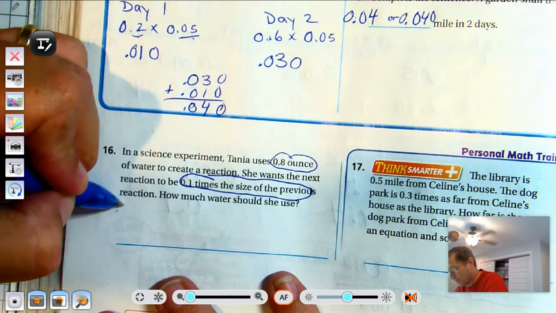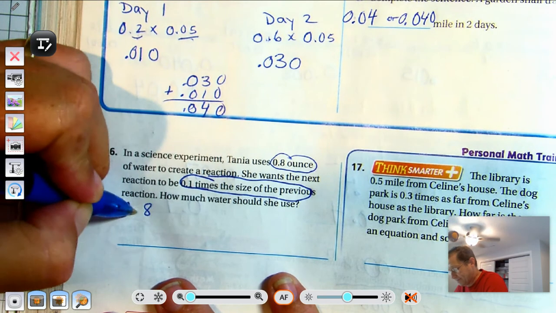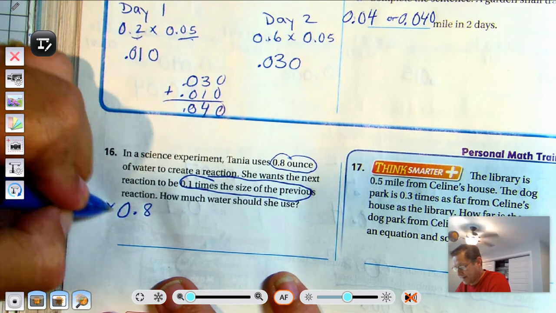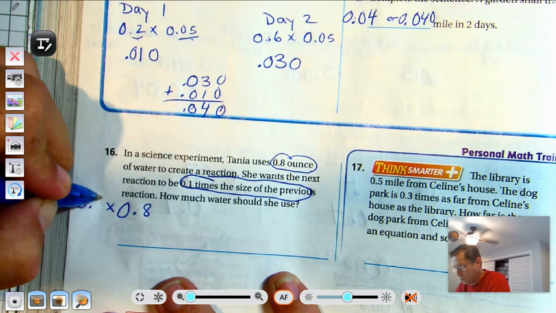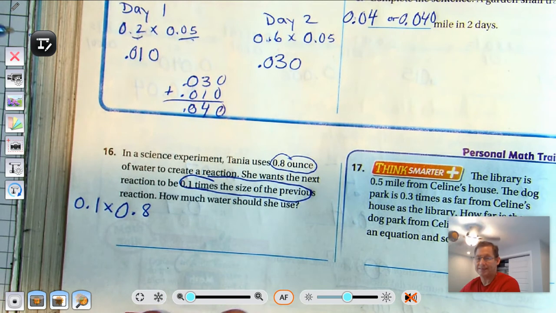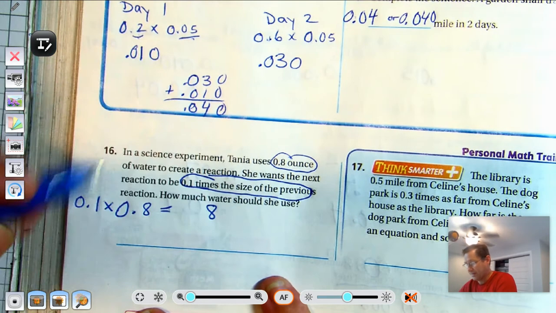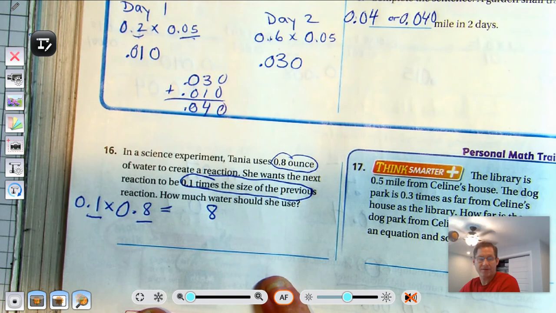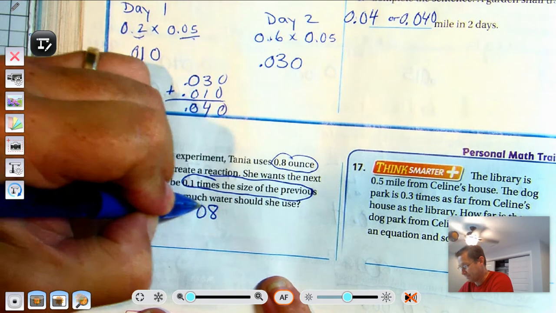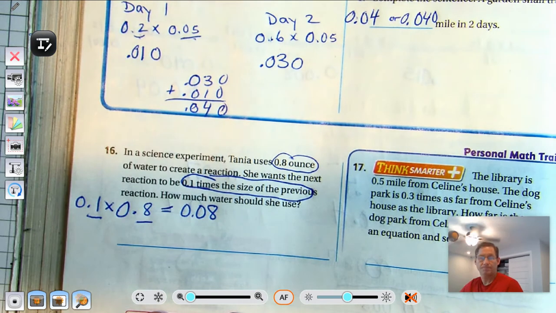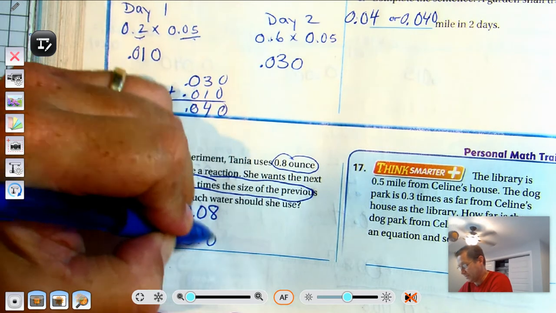Well, so we have 8/10, and she wants it to be 1/10 as big the second time. Well, 8 times 1 is 8. A 10th times a 10th is hundredths. So 0.08.